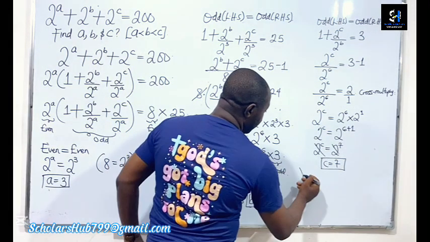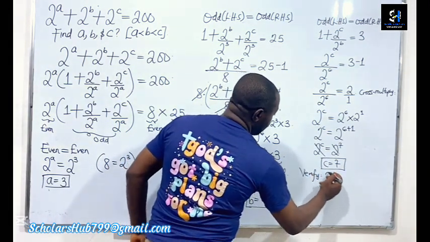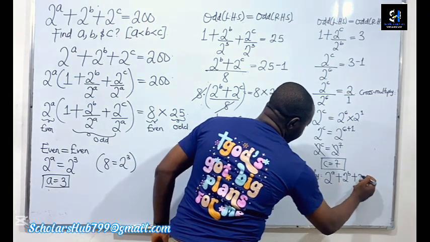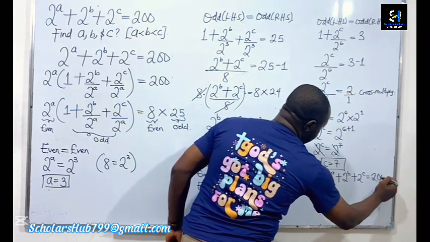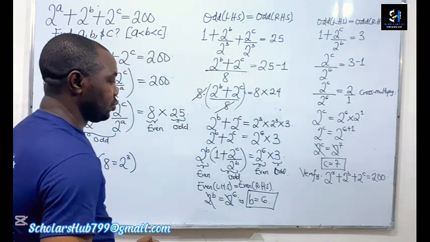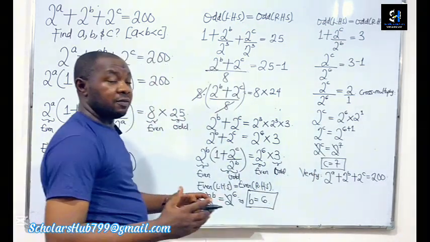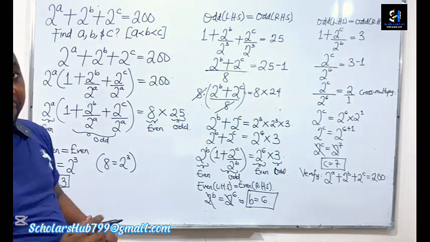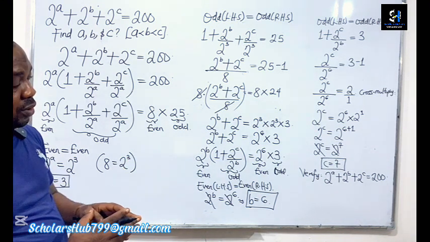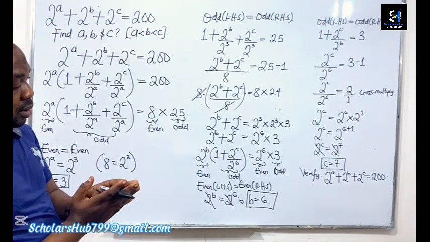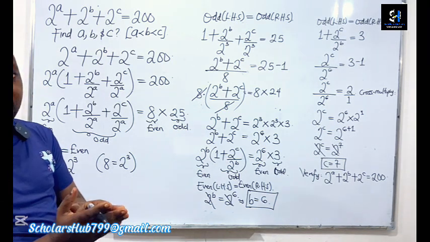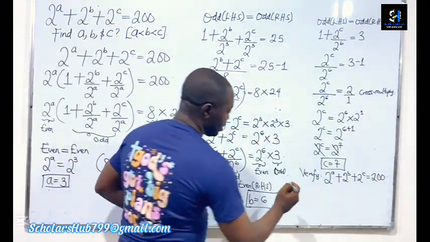Now let's quickly verify. We have 2 raised to the power of a plus 2 raised to the power of b plus 2 raised to the power of c equals to 200. Now I'm going to plug in the values of a, b, and c. Let's see if after plugging in the values and adding them together, we are going to get 200, which is on the right hand side.